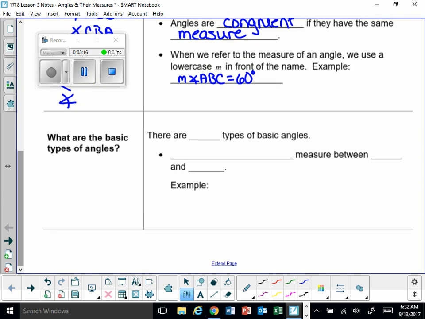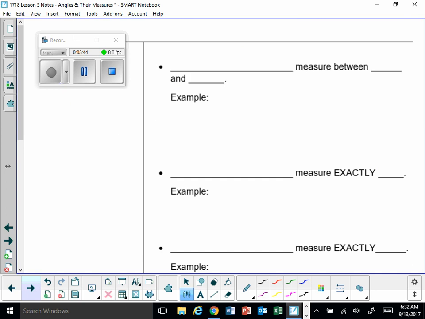So what are the basic types of angles? How many do you think there are? Well, there are 5. Acute angles measure between 0 degrees and 90 degrees. So, for example, here's a 30-degree angle. Obtuse angles measure between 90 degrees and 180 degrees.